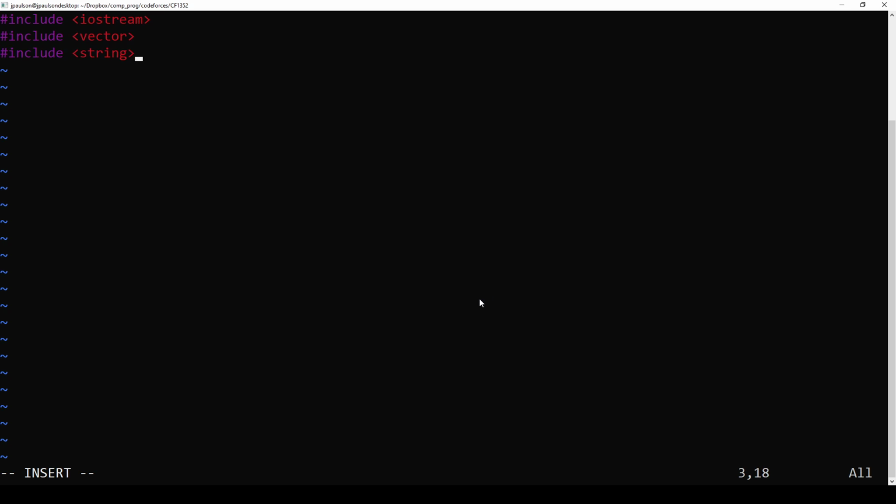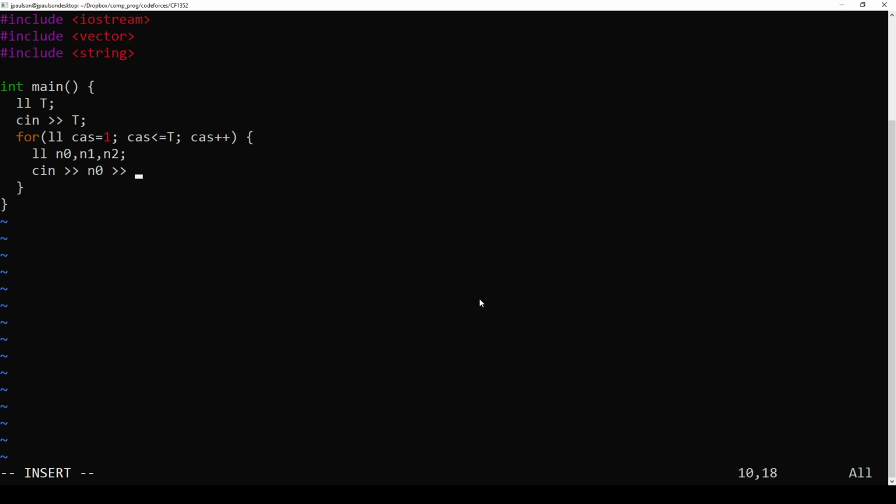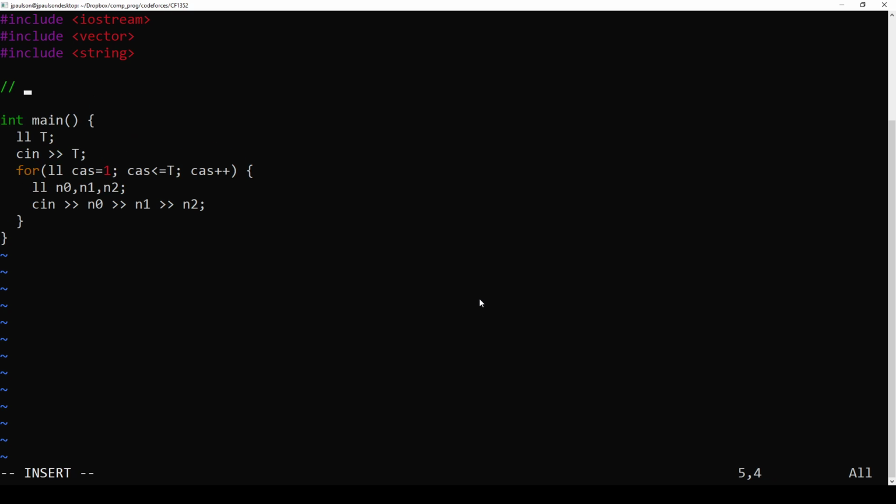Vector, we want string. So we just do a bunch of zeros, that would get us n0. We could do a bunch of ones, that would get us n2, but that would only give us n1 equals 1.